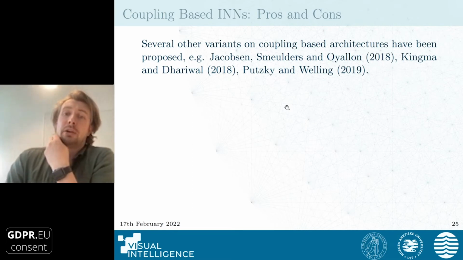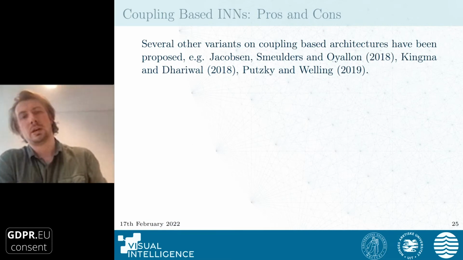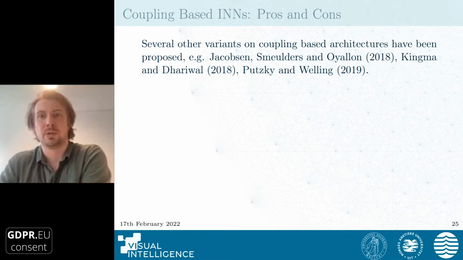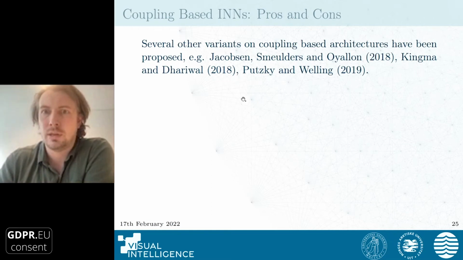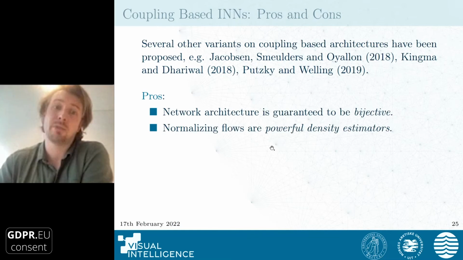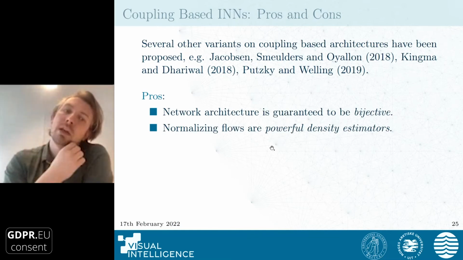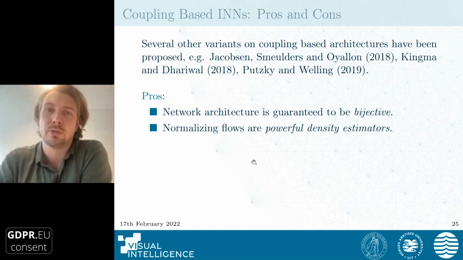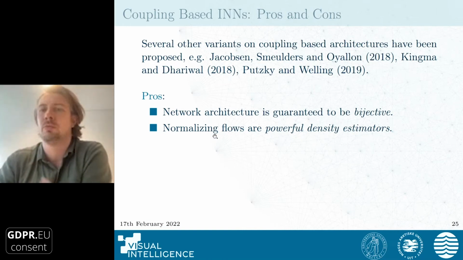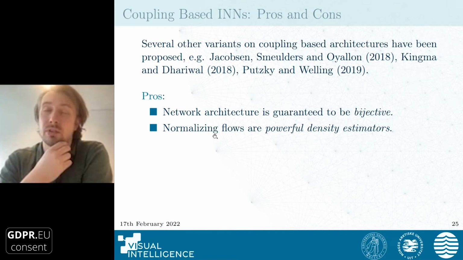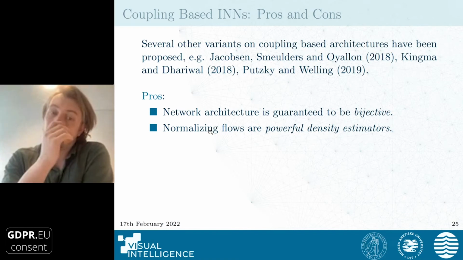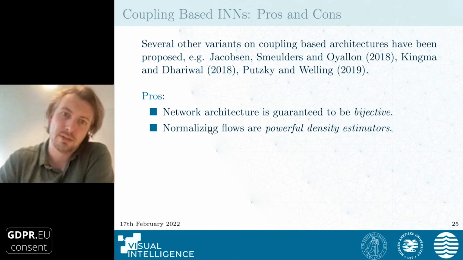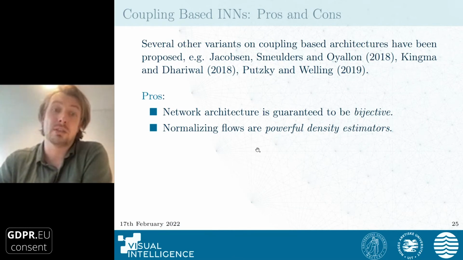There are several other variants of coupling-based architectures, some of which we mention here. Some of the pros of the coupling approach to invertible neural networks is that the network architecture is guaranteed to be bijective, and normalizing flows are very powerful density estimators.